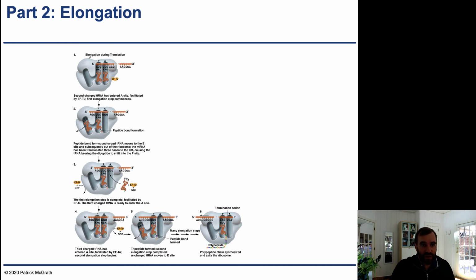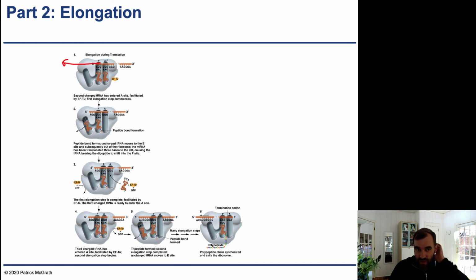So what happens during elongation? Now we have this process where the mRNA moves through the ribosome. The mRNA has to move all the way through the ribosome, with each step incorporating a new tRNA and a new amino acid into the polypeptide chain.